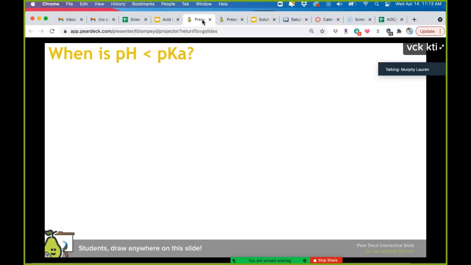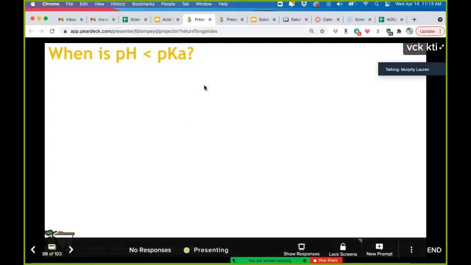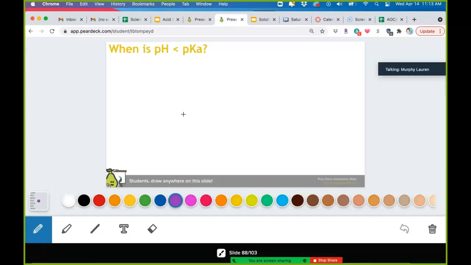Okay, sometimes they ask this concept or this question conceptually, not mathematically so much anymore. So they want to know when is pH less than pKa when it comes to comparing, this is for a buffer, comparing the salt in the buffer and the weak species in the buffer, whether it's a weak acid or a weak base.